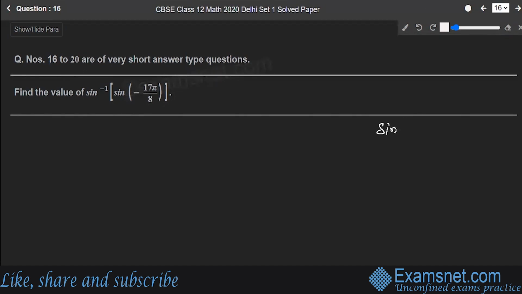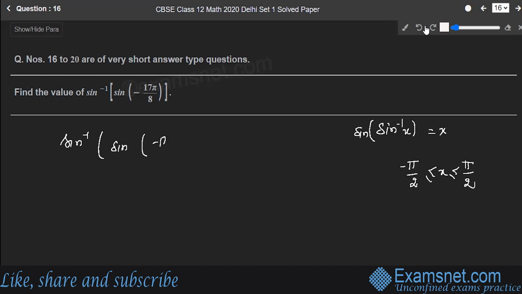You know one thing, sine inverse sine x is equal to x, where x lies between minus pi by 2 to pi by 2, right? Now, the given question is sine inverse sine of minus 17 pi by 8. So this is equal to sine inverse, I'll take the minus outside, minus sine 17 pi by 8.